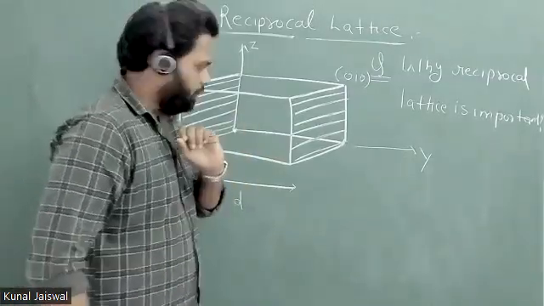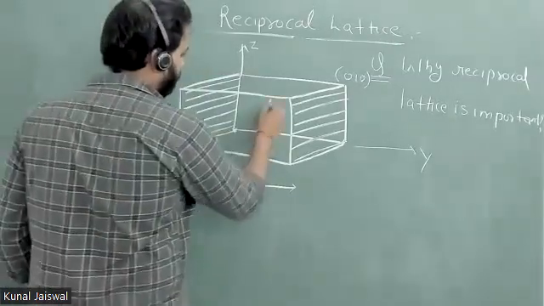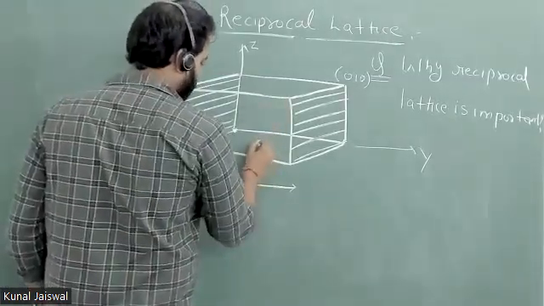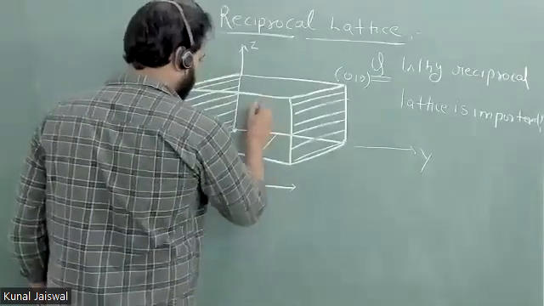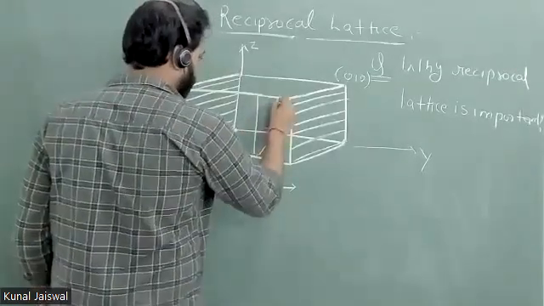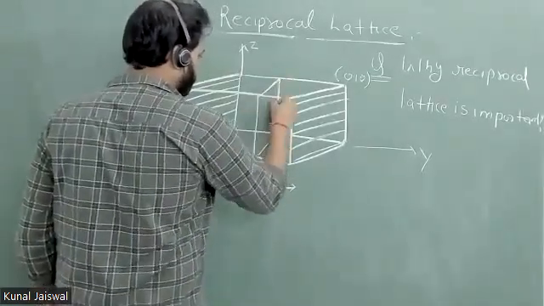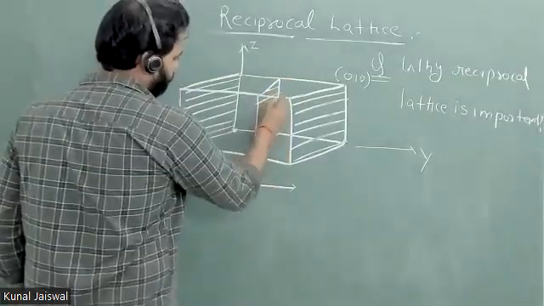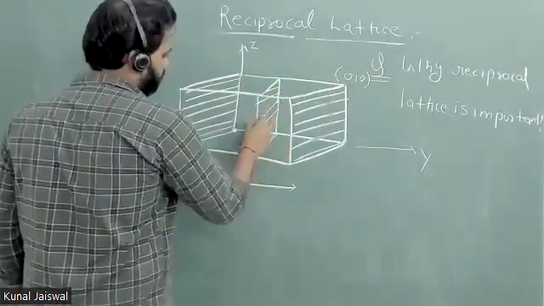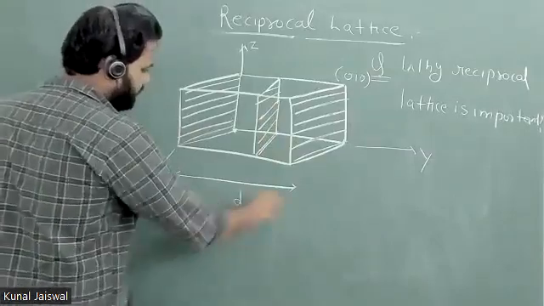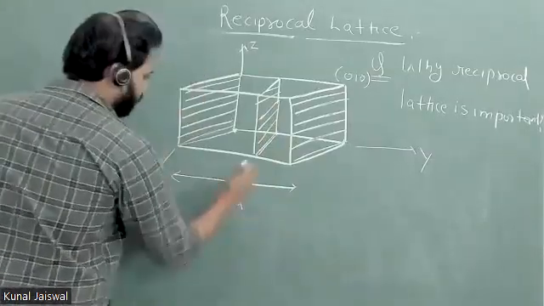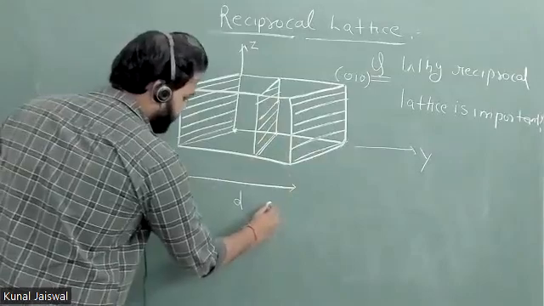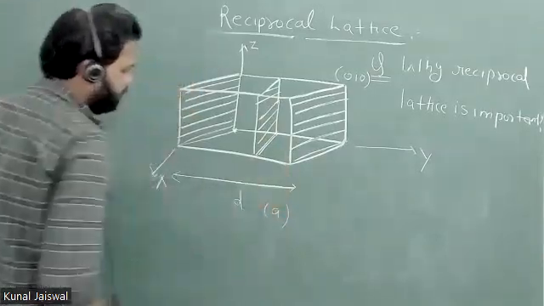I just want to ask you, if I draw one more plane here, okay, like this, and let's suppose this distance is d, what is the value of d here? That is the lattice constant.